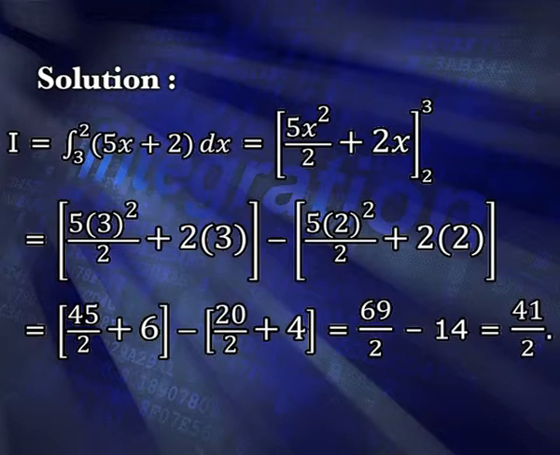So that is equal to 5(3²)/2 + 2(3) − [5(2²)/2 + 2(2)]. So that is equal to 45/2 + 6 − (20/2 + 4), which gives us 69/2 − 14, that is equal to 41/2.